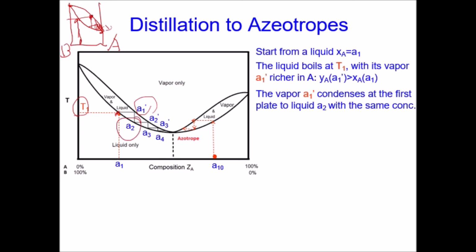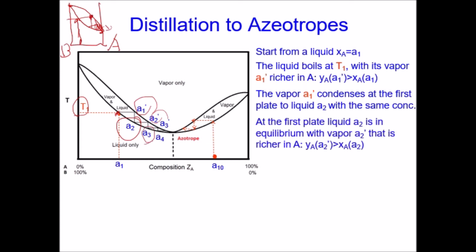Here is the liquid, and the liquid starts to vaporize at the first plate. The vapor phase is A2 prime, and the A2 prime condenses at the next plate and becomes a liquid A3. Then A3 vaporizes and becomes gas phase A3 prime. So you repeat this step. Now here is the difference.